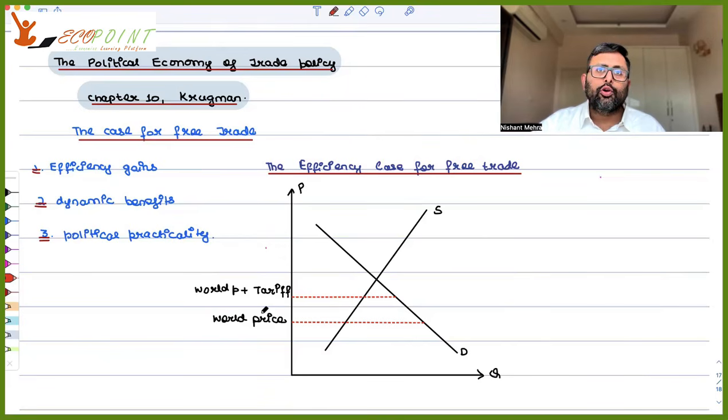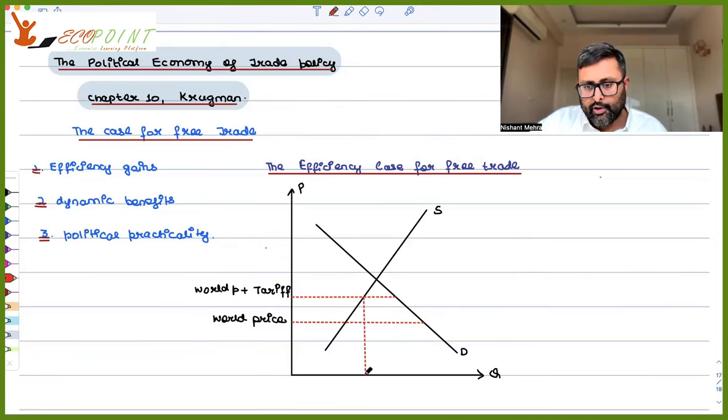So here we are talking about why we economists think that if you put any tariff, any trade barrier, any trade restriction, this is going to create distortions in the market, right? It is going to reduce countries' welfare. So we have started by saying that with the world price plus tariff, when the tariff is imposed, the domestic producers and consumers are going to face high price.